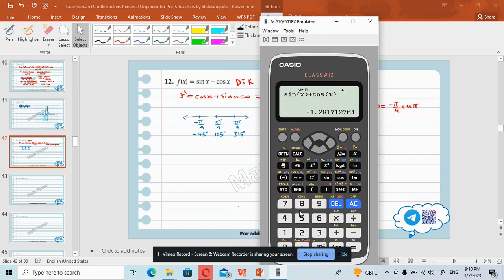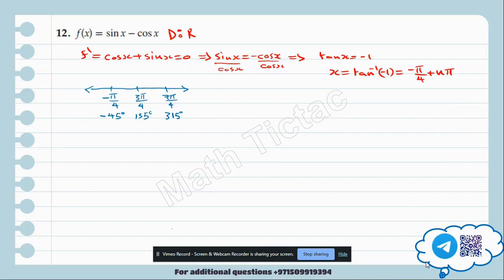It is negative, and after 315, let's calculate at 320. So it's negative, positive, negative, positive all the time. Okay, so in here we have negative, positive, negative, positive. So down, up, down, up.